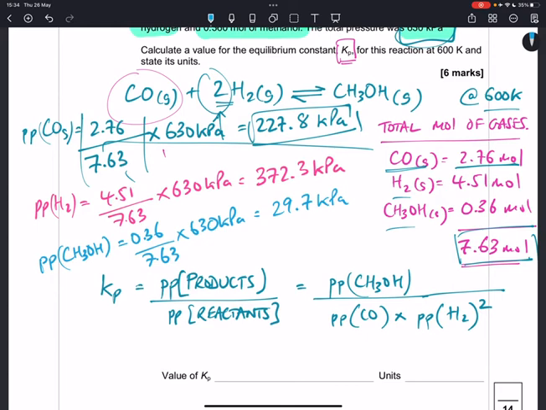Kp. Okay, well, let's actually do it. This bit, we've worked it out, is the 29.7. Kp equals 29.7 divided by the carbon monoxide, 227.8, times the other one squared. This is the important one, 372.3 squared.